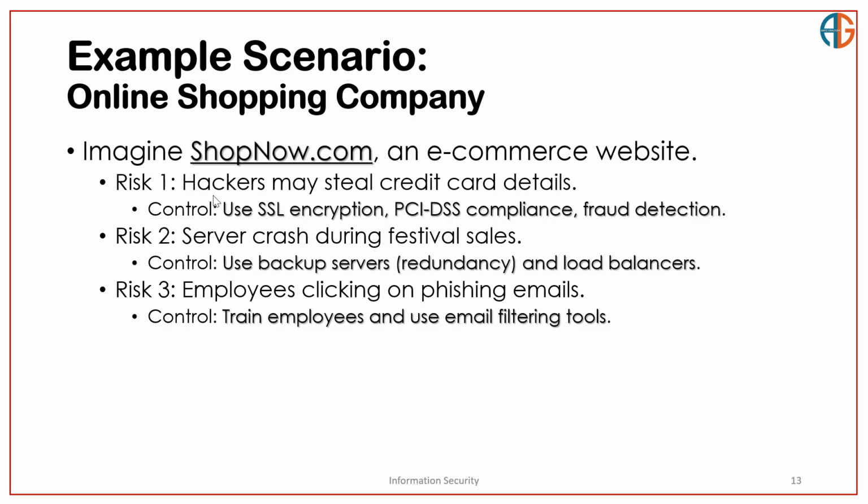For the first risk, a technical control is implemented. For the server crash, we have implemented physical controls. For employees clicking on phishing, we are giving training, which comes under administrative controls. Likewise we can categorize the controls and implement them based upon availability or need.